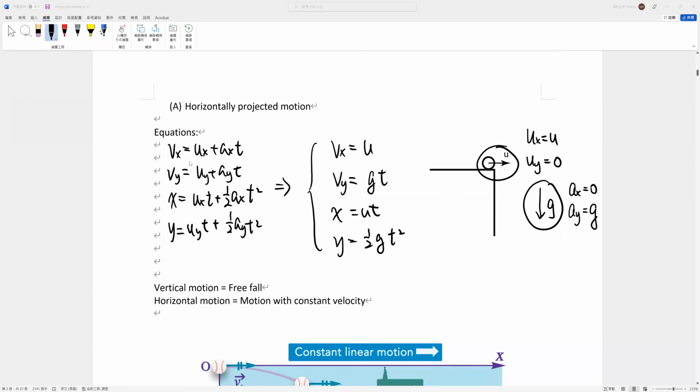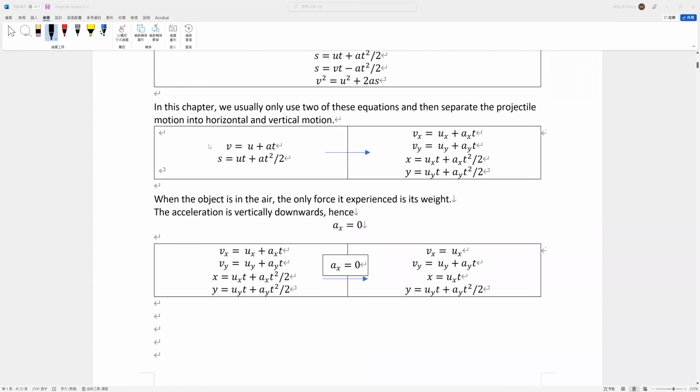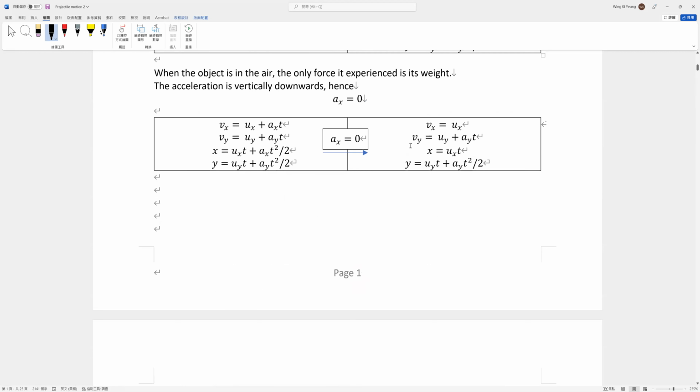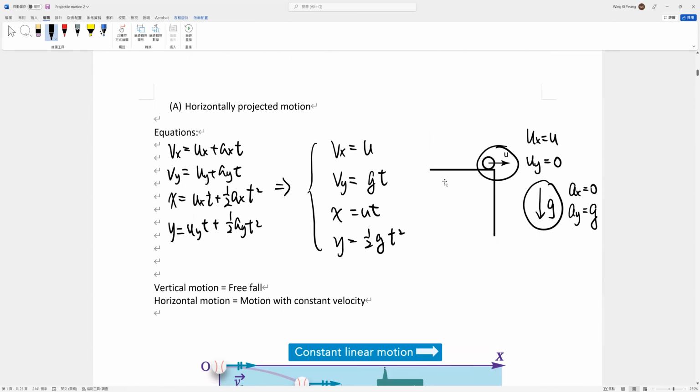Now we're starting from these 2 equations, and then we make it 4, 2 horizontal and 2 vertical, and then we substitute the initial conditions.